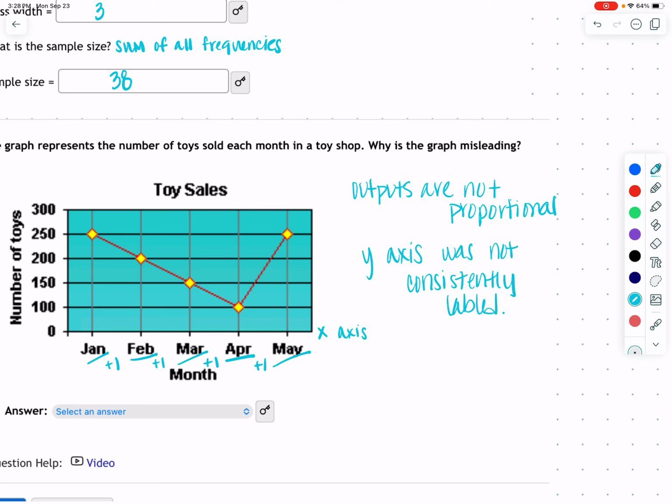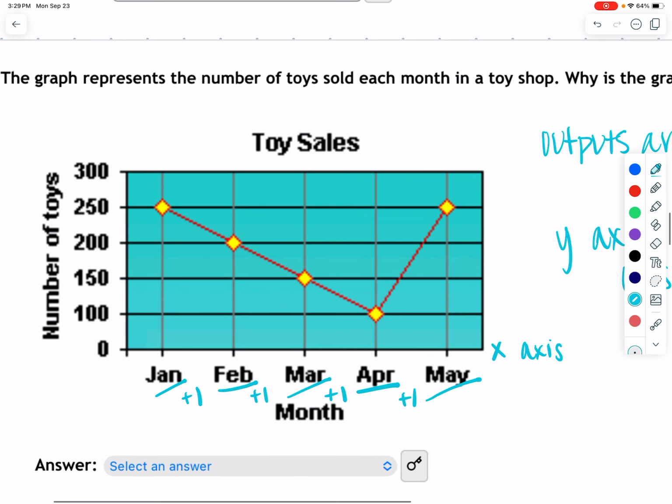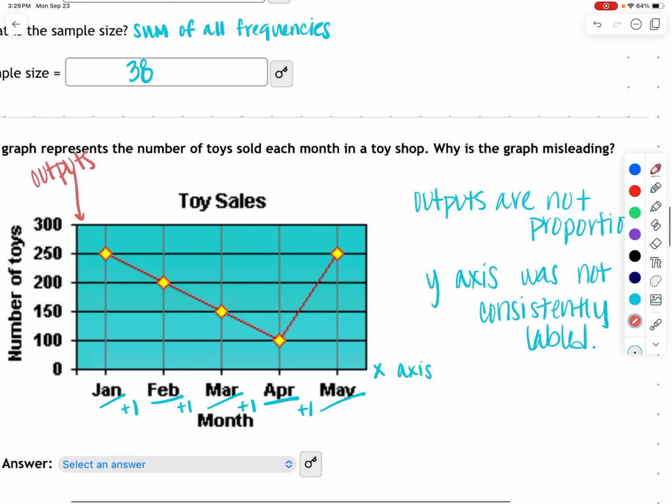So I'm going to look at these together, and then I'll explain to you what I did on your exam. So the outputs are generally the y-axis. And normally when we consider things to be proportional, that means they're changing at the same rate.